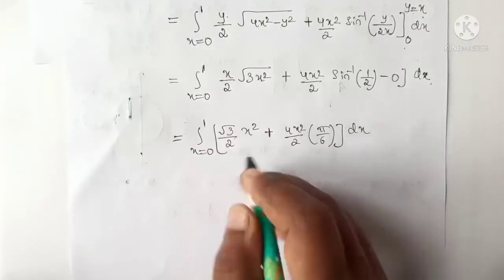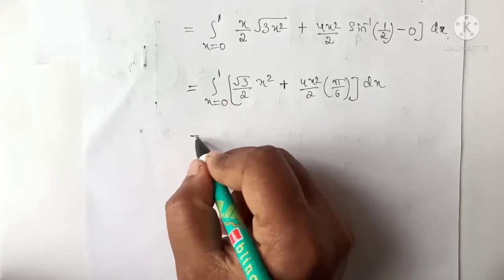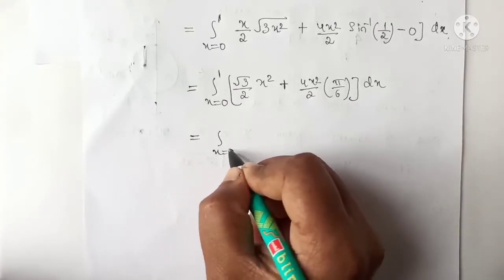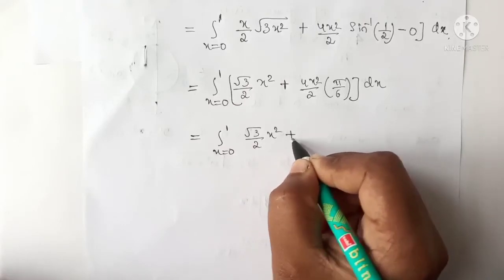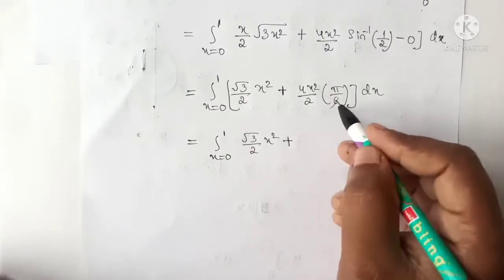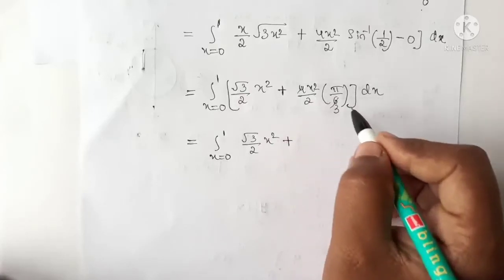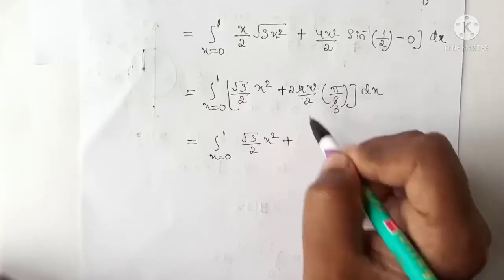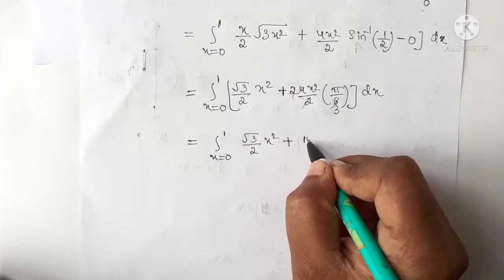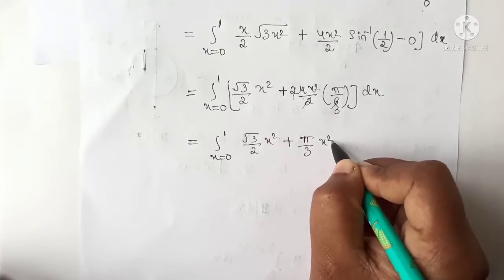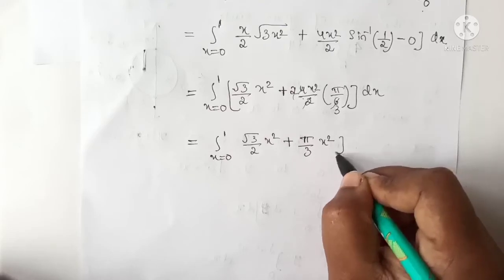So simply further simplifying this one, we get the integral x equals 0 to 1 of root 3 by 2 x square plus, here we can cancel, so this is 2, again this 2 gets canceled, we get pi by 3 x square into dx.